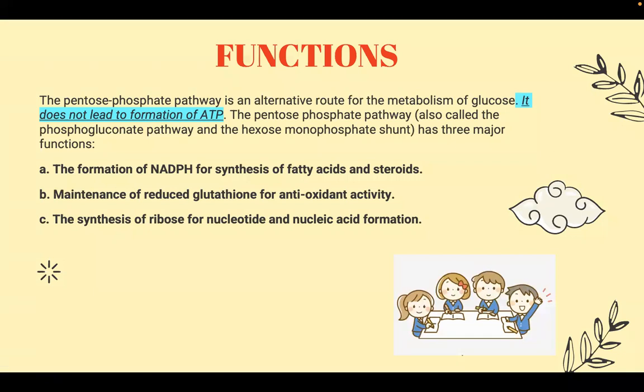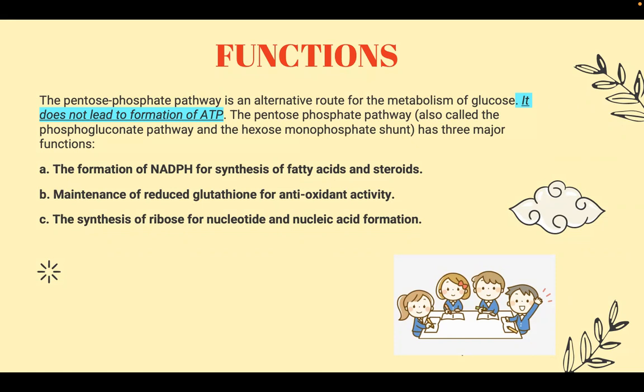Again, your pentose phosphate pathway is an alternative route for the metabolism of your glucose. But please do not forget that it does not lead to the formation of ATP. The pentose pathway, also called the phosphogluconate pathway, and the HMS or HMP, has 3 major functions.